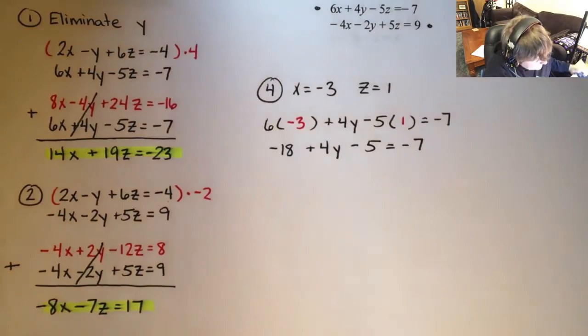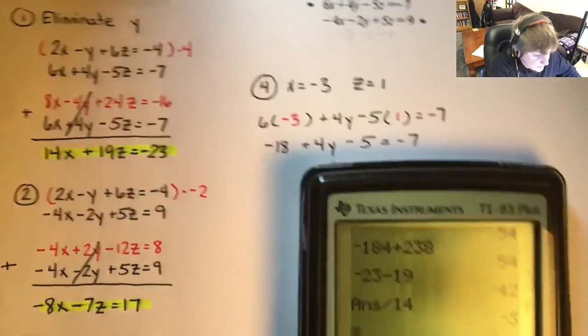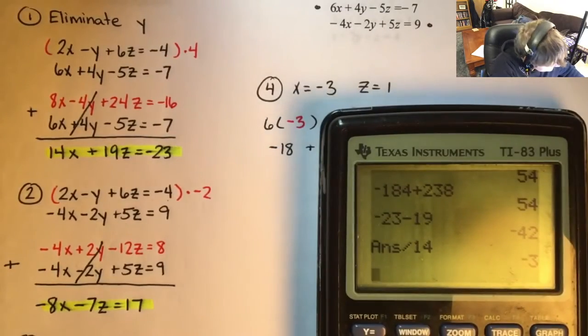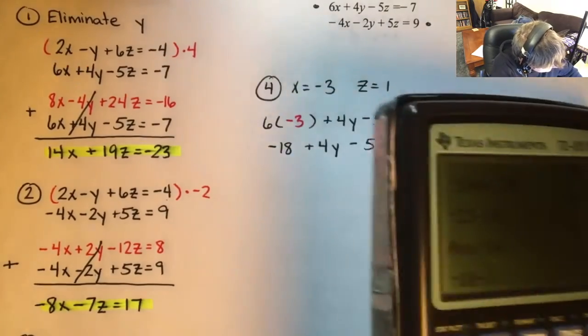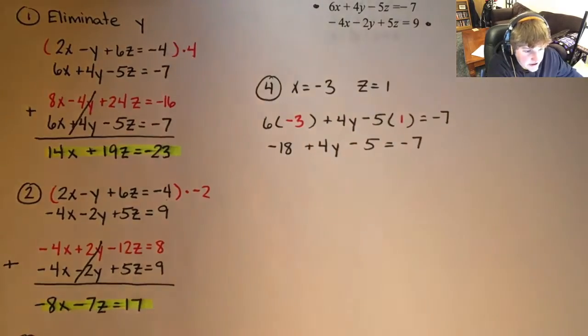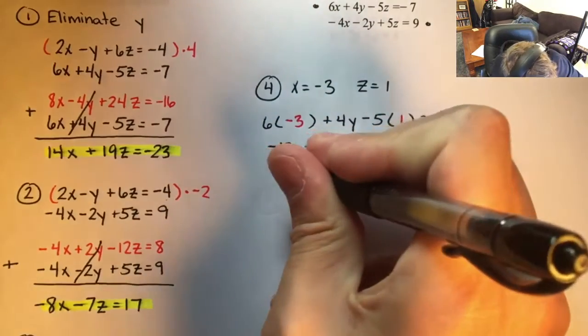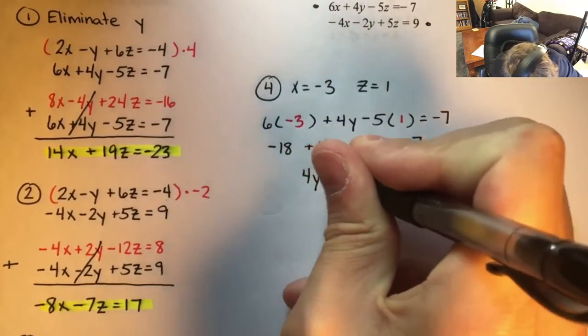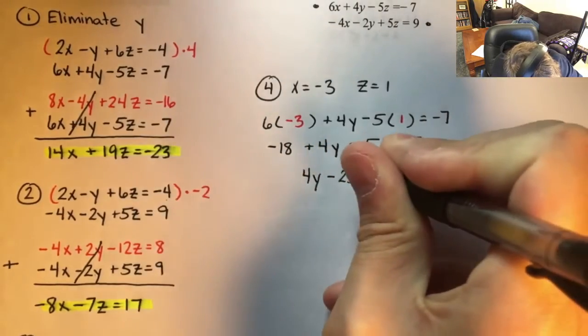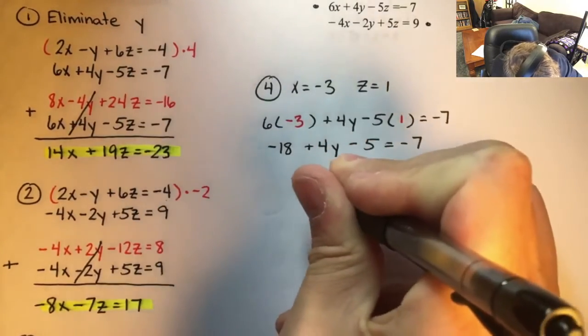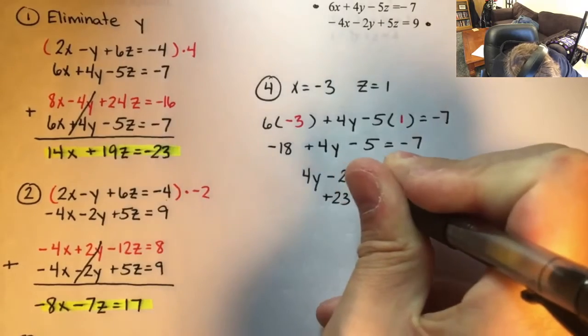Okay, negative 18 minus 5. Let's just double check that here. I really don't want to make any mistakes, so I'm just going to be careful. Alrighty, which is negative 23. So this is 4y minus 23 is equal to negative 7, and add 23.